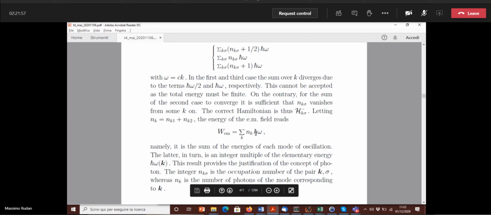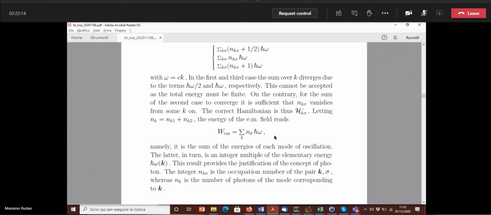of the mode, okay? So the total energy of the electromagnetic field in vacuum is the sum of the energies of the individual modes, and the energy of each individual mode is an integer number times the energy of the photon, h bar omega.